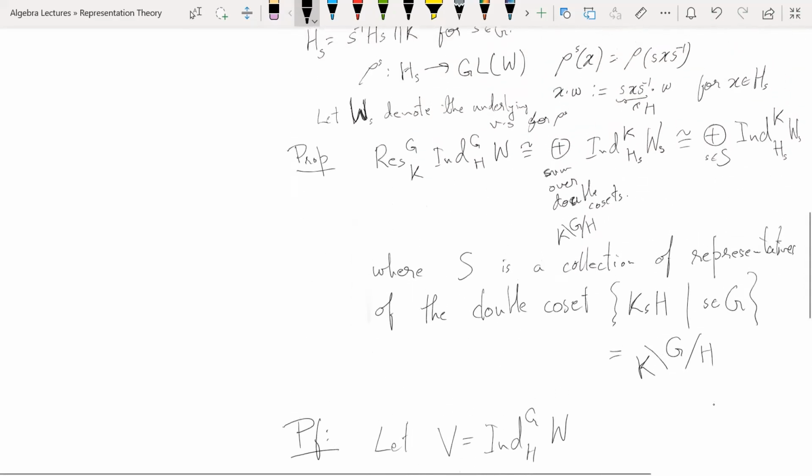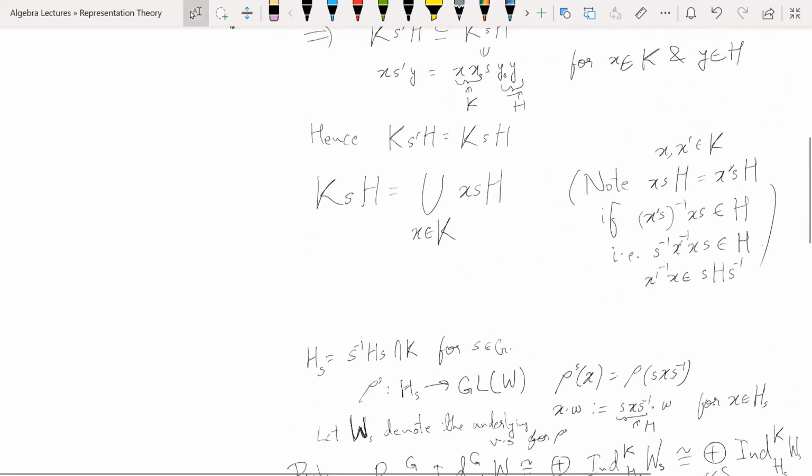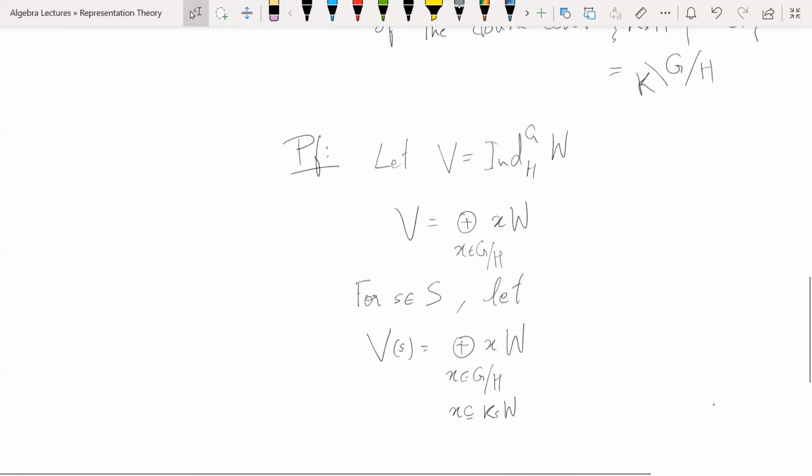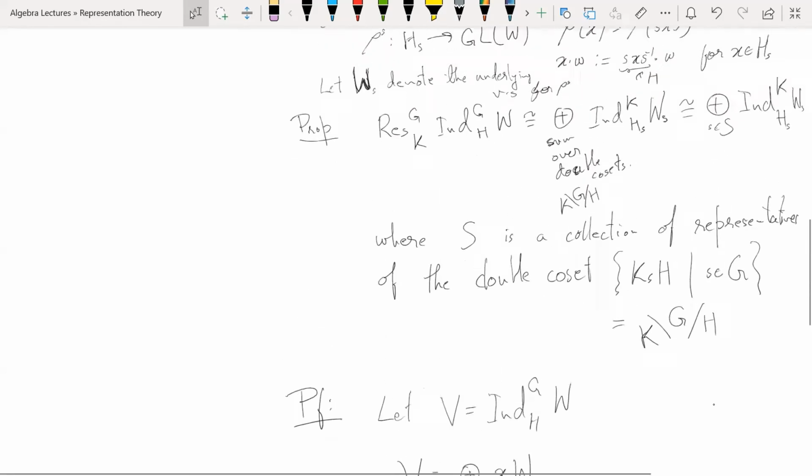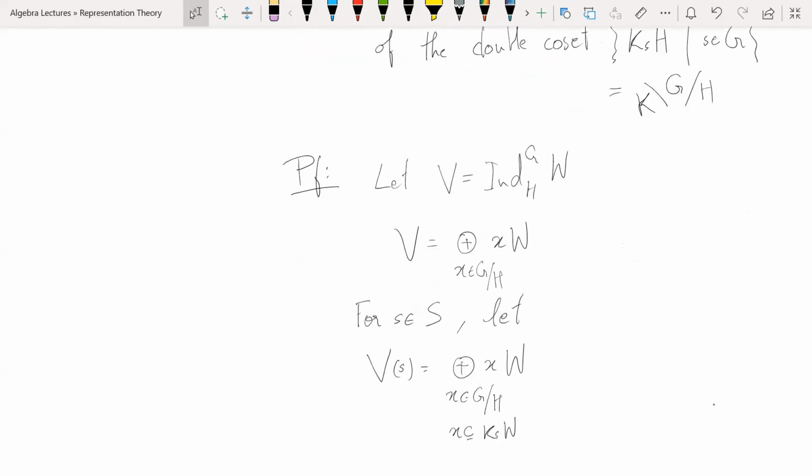As I said, these double cosets contain certain left cosets, so you take the direct sum of those. You take those translates of W for which these left cosets are contained in this particular double coset KsW. Some of these left cosets will be contained in these double cosets, the others will not, so you just take that subspace.